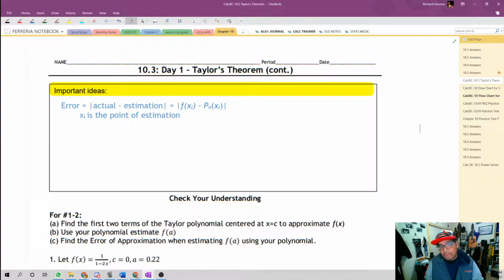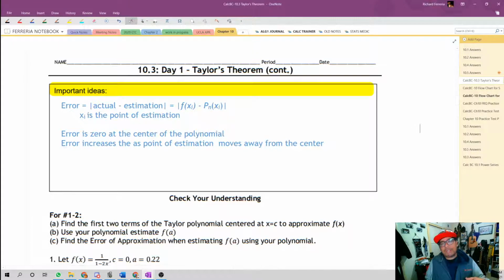That's the value of the function we're trying to estimate. Now, if you use a polynomial approximation, the error is going to be literally 0 at the center of the polynomial. And that's because when you construct your polynomial, you're constructing your polynomial starting with f of xi. So of course it better be exact right there at f of xi.